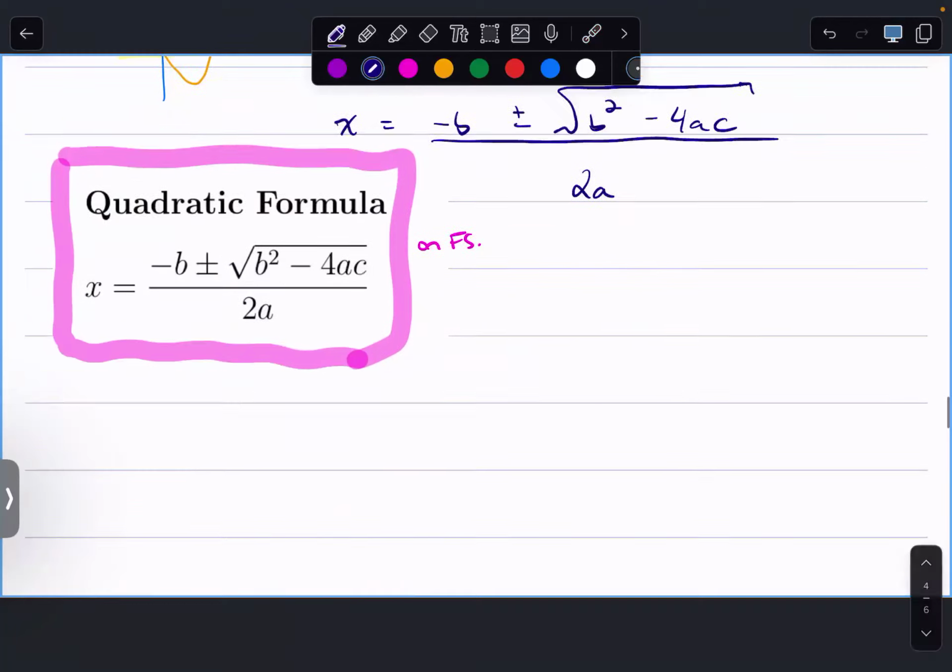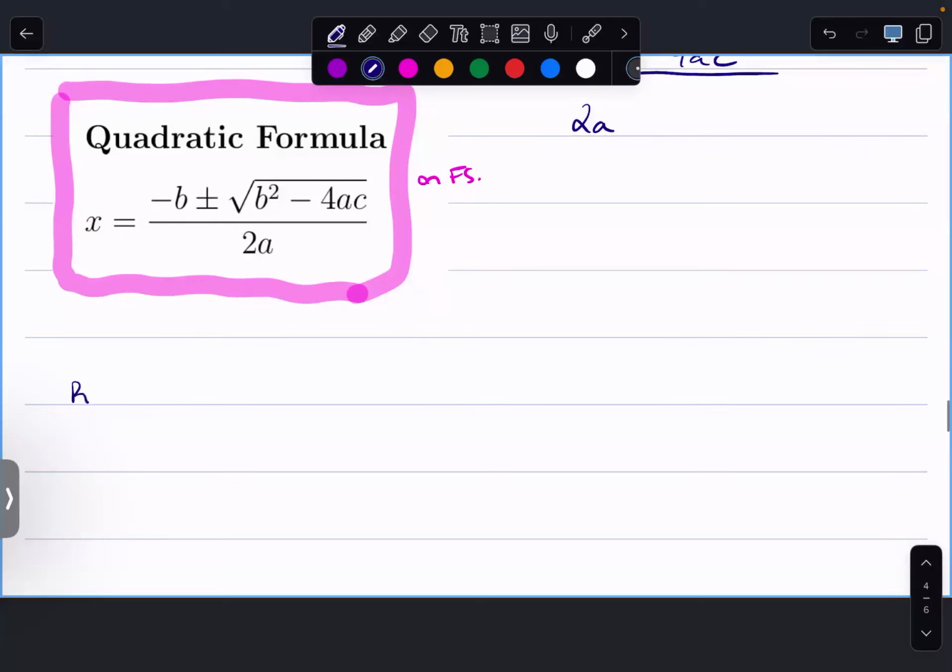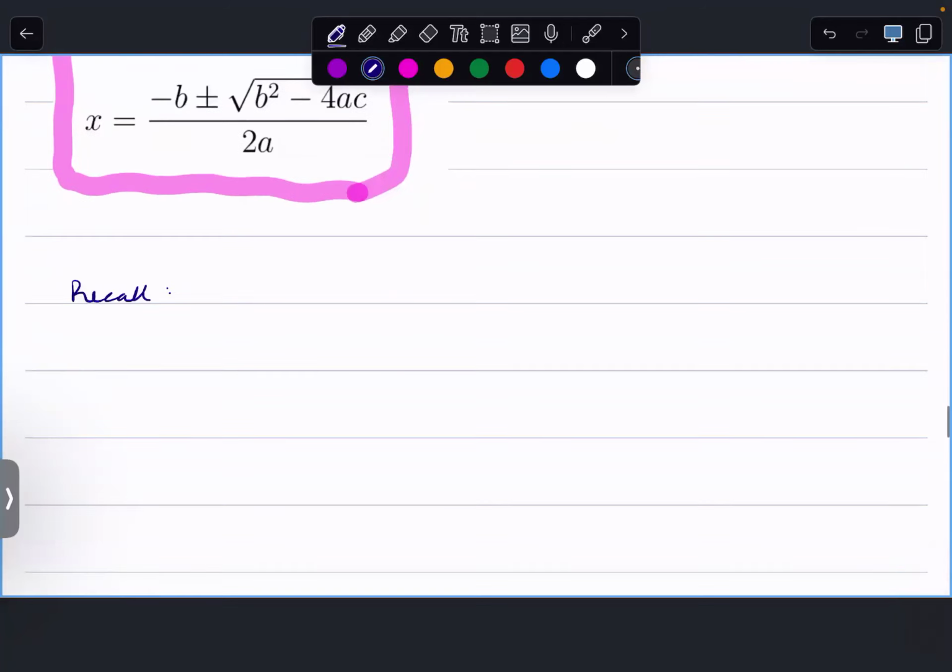What else do we need to remember? Recall that we can only take the log, or any log, of a positive number, so a non-zero positive number.